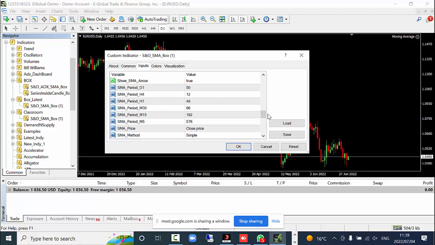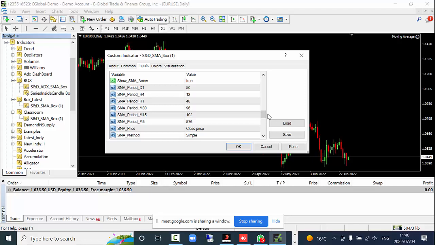Daily is 50 SMA. 4 hours is 12. 1 hour is 48. 15-minute time frame, I'm talking about this time frame, the kind of moving average you want to see printing on them. Remember that we normally did it manually that time. That's why I coded it, to make trading easy for you.